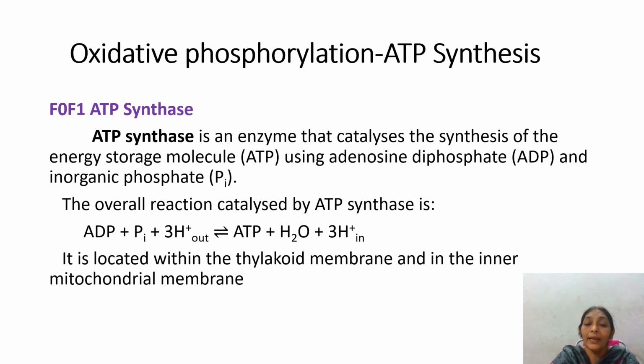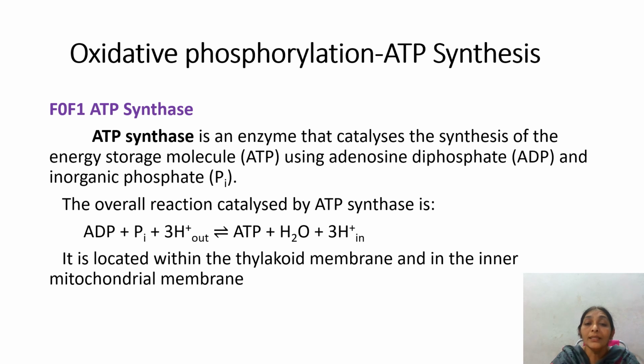As you know, ATP is the energy currency of the cell and it is a high energy phosphate compound. Previously, what have you observed? In glycolysis or the TCA cycle, the substrate itself phosphorylates ADP to synthesize ATP, by donating the phosphate from the substrate to ADP.